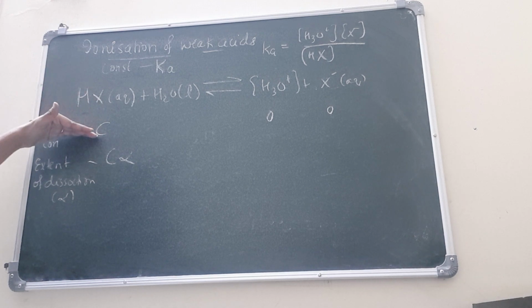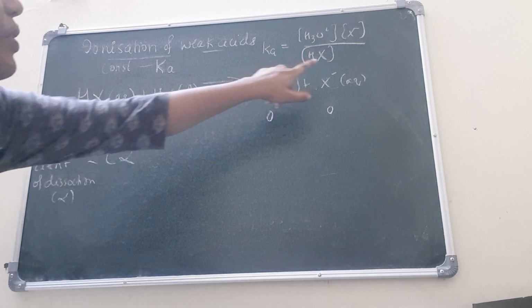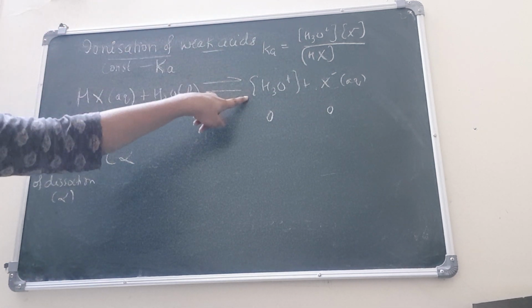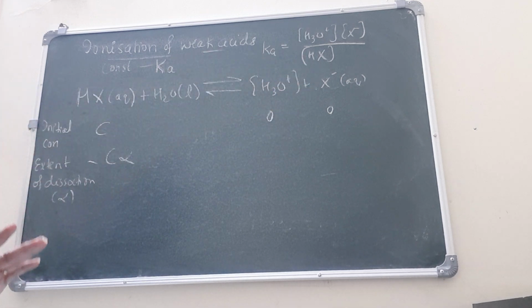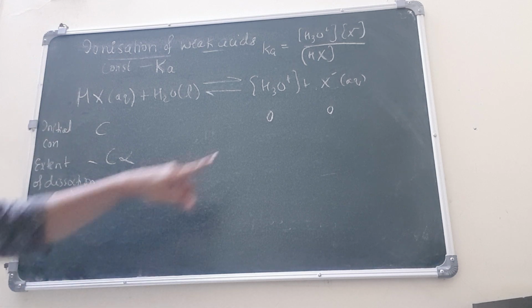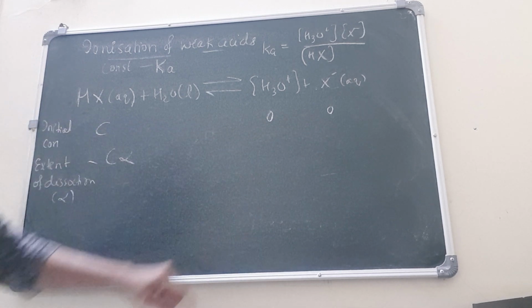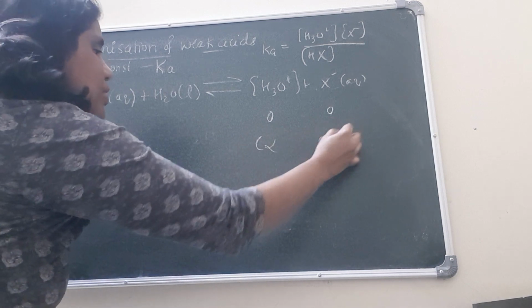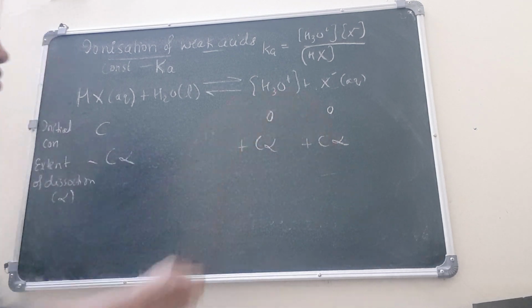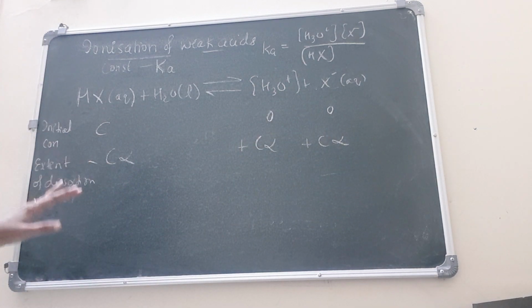Out of 100 moles, let us say 10 moles got dissociated. Since the stoichiometric coefficients are 1, for every mole you are getting 1 mole of this, 1 mole of this. So if I started with 100 moles and 10 moles got converted, that means there is 10 here and 10 here. So here it will be C alpha and C alpha. And here I will write a plus. I will tell you the significance of plus and minus in a while.